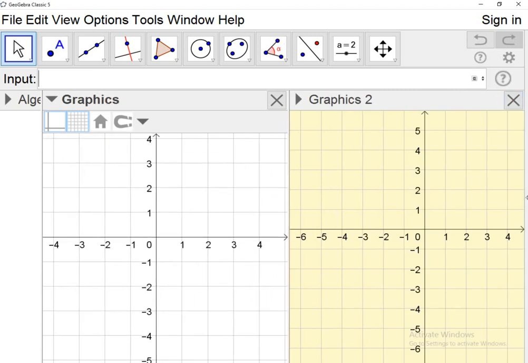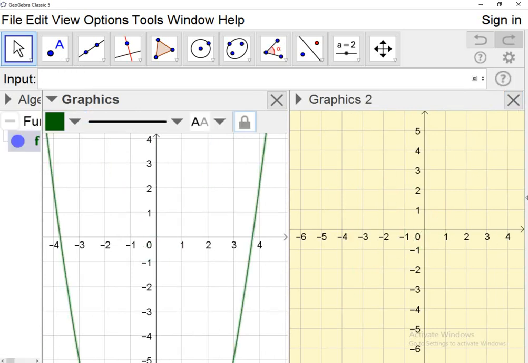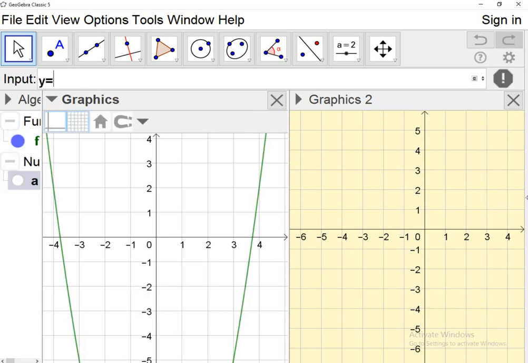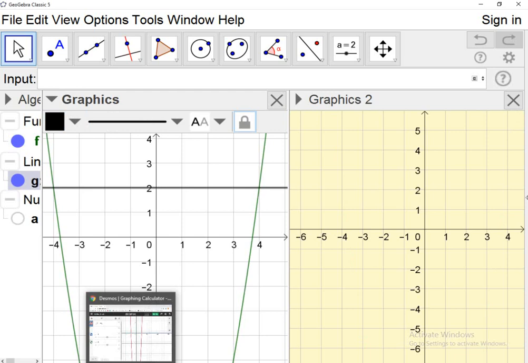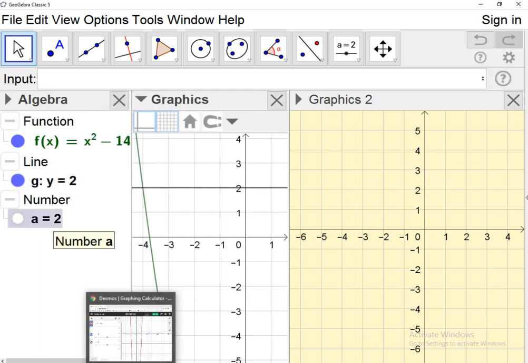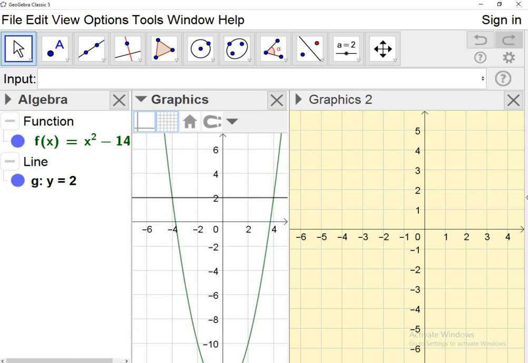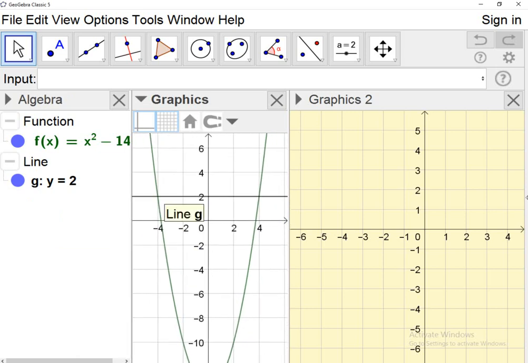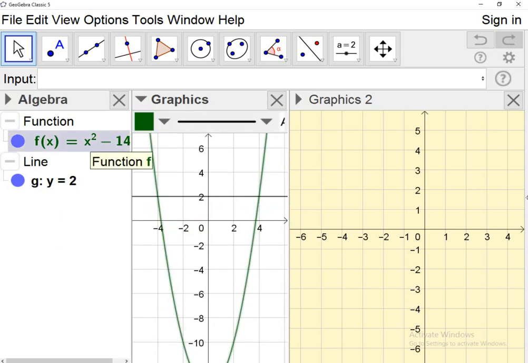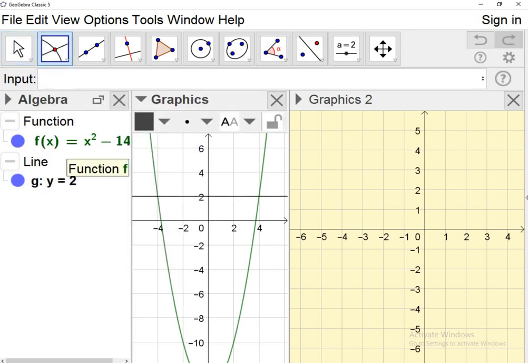If we look at x squared minus 14 and ask where it equals 2, the original question was x squared minus 14 equals 2, right? So I graphed the left-hand side and the right-hand side, and what we're looking for is where those things intersect.